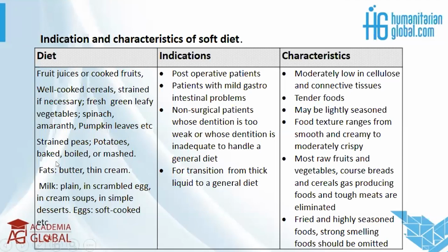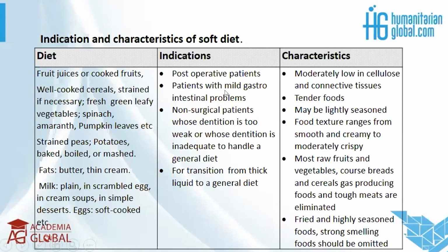Potatoes, which can be baked, boiled, or mashed, just for you to have an idea. Light fats like butter, thin cream, milk, which can be plain or in scrambled eggs, in soups, in simple desserts. Eggs, which should be soft cooked. If you are to boil an egg, it should be soft boiled, not hard boiled.